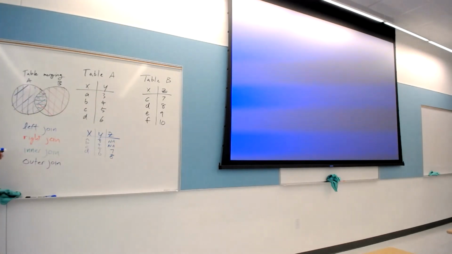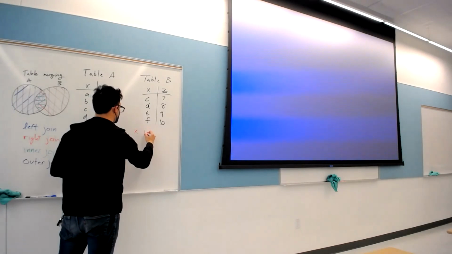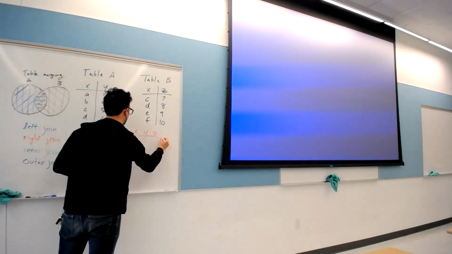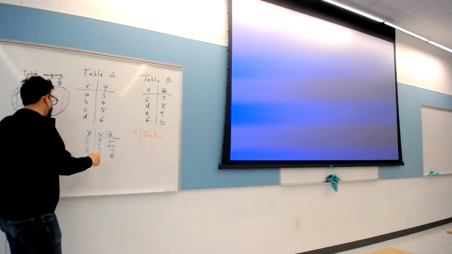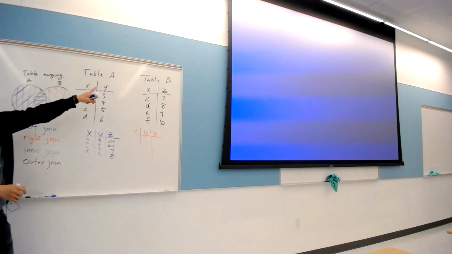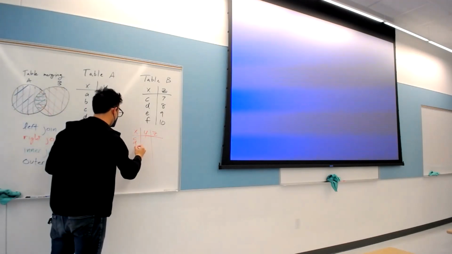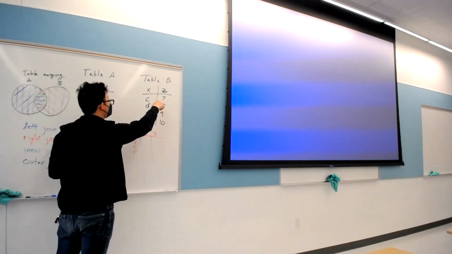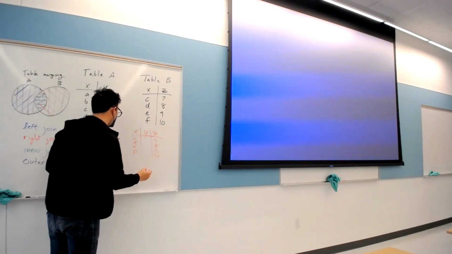Okay, so hopefully you guys can kind of see what's happening here. So X, Y, Z. Here we'll have a right join, which means we keep everything in table B. So this is going to be C, D, E, F. Or my Z column will be 7, 8, 9, 10.